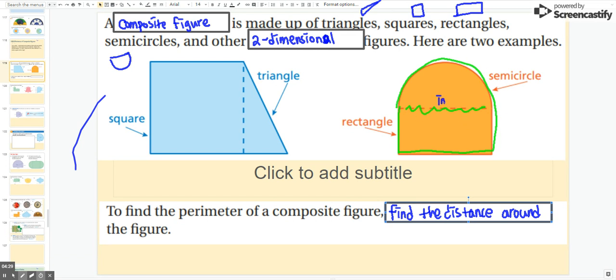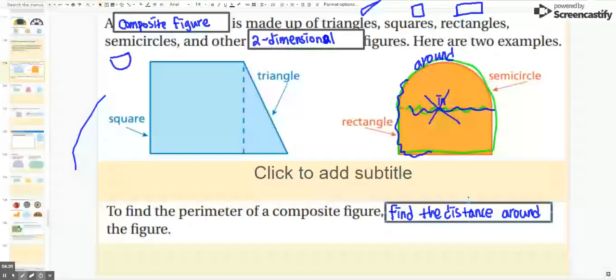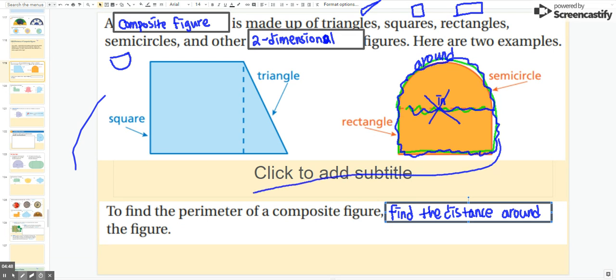This one is in the shape, and this is around. So this distance inside the shape doesn't count. You only find the distance around the shape. This is called perimeter. And here too, only the distance outside around the shape, not the inside.